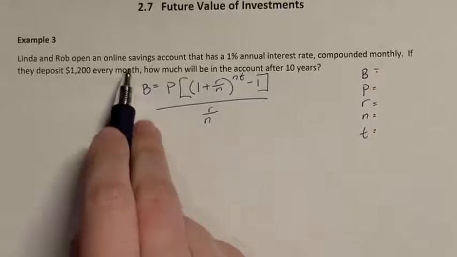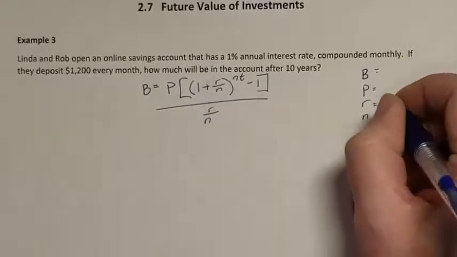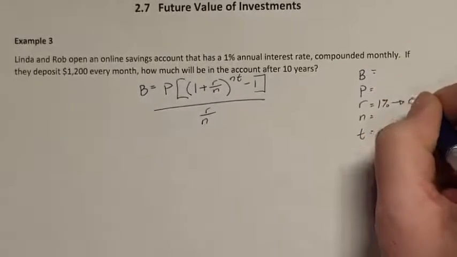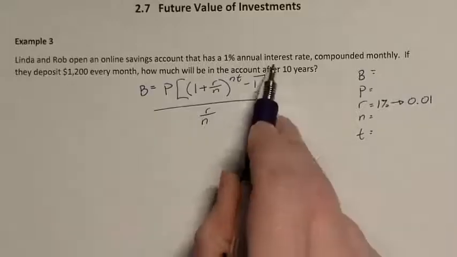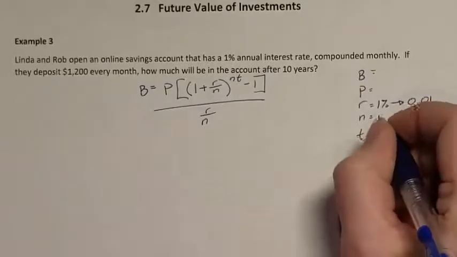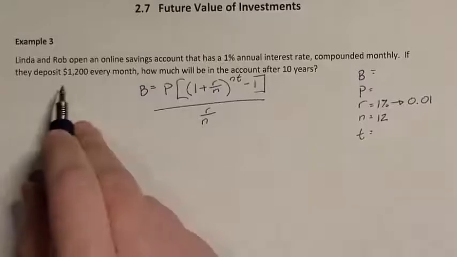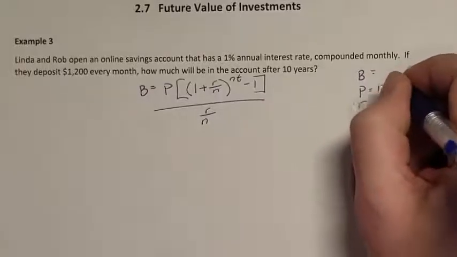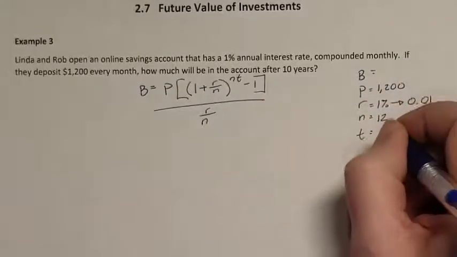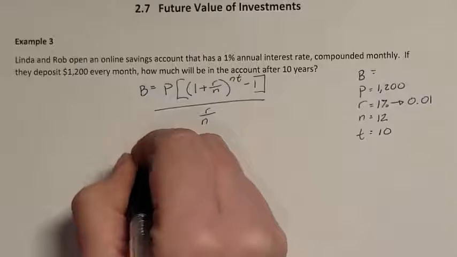Linda and Robert opened an account. We have the 1% interest rate. So 1% as a decimal is 0.01. It's compounded monthly, which means it's going to compound a total of 12 times because there are 12 months in a year. They're depositing $1,200 every single month, and they want to know after 10 years.